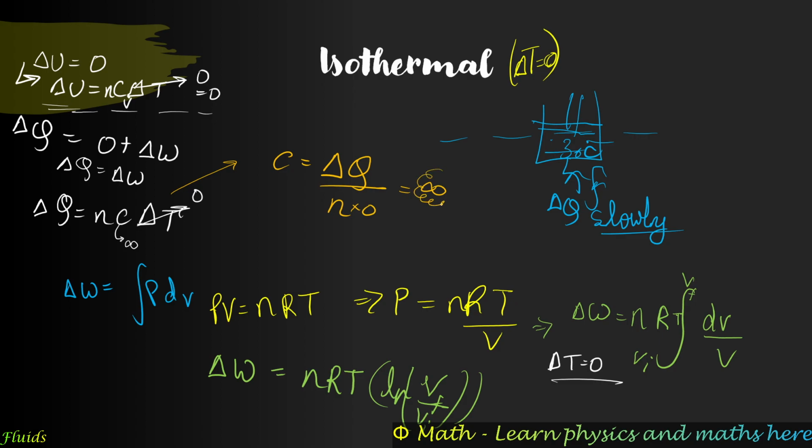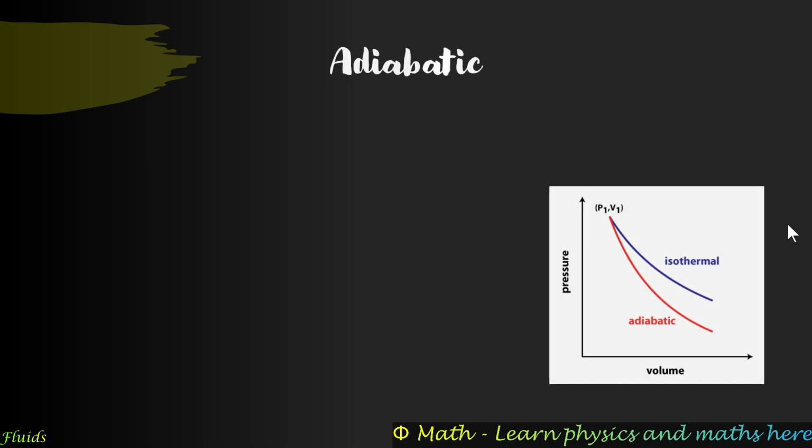So C is infinite and delta T is 0, so this is a finite number which we do not know, delta Q, the heat required. The PV graph for this is something like this.